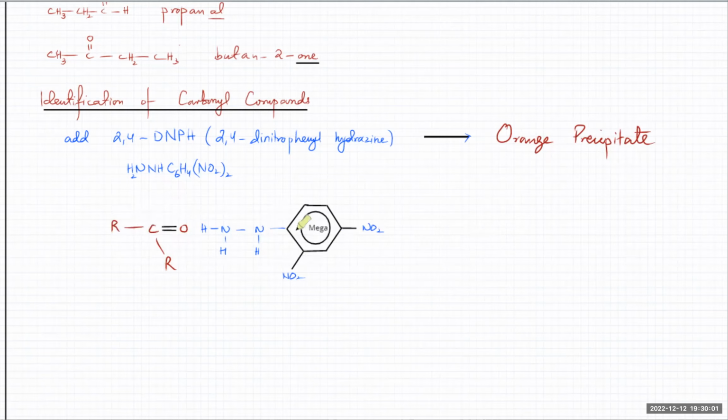What will eventually happen is that the H and the O will join up and form water molecules, and the water molecule is going to be a byproduct. It's going to be a condensation reaction.